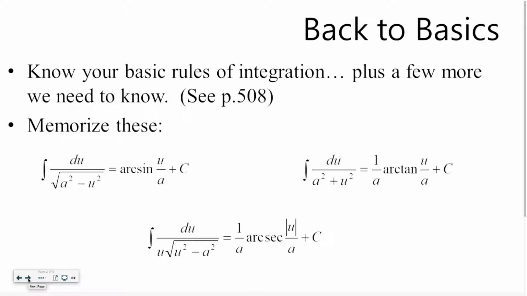You need to know these two. This one I won't make you memorize, but write it down so you can use it in your homework. But on a test or a quiz, those two that I starred, especially the AP test, they like those.